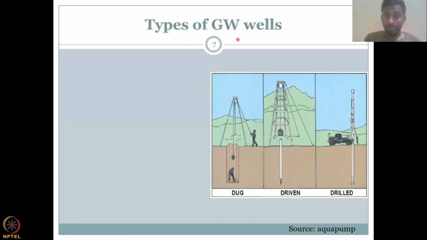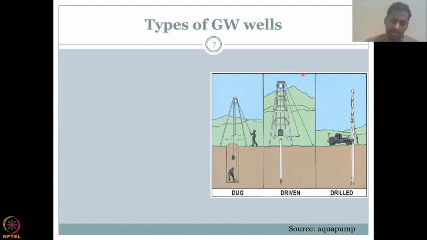So, how many wells are there? There are only 3 to 4 types of wells, depending on who you talk to, and how the wells are done. In the previous slides, you saw the type of well based on the use, which is domestic, agriculture and irrigation, and then you have the industrial wells.